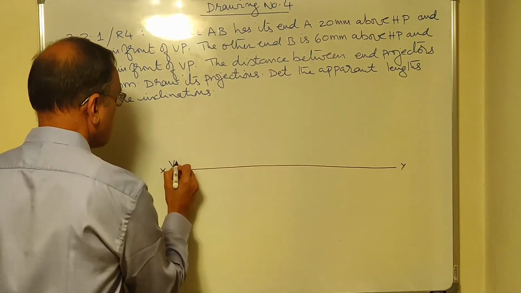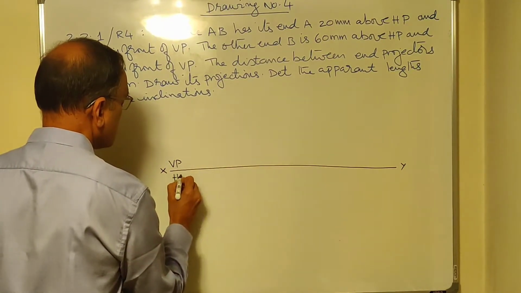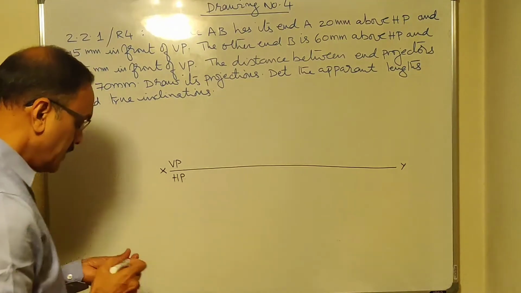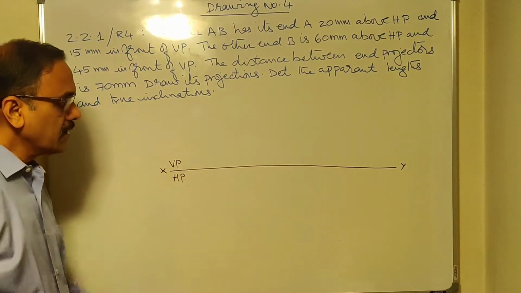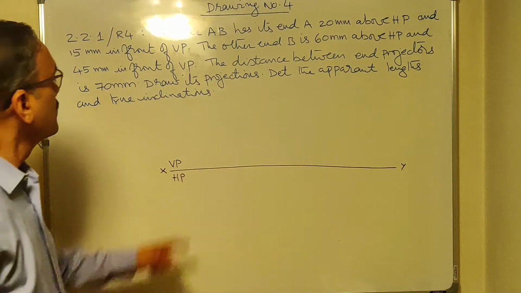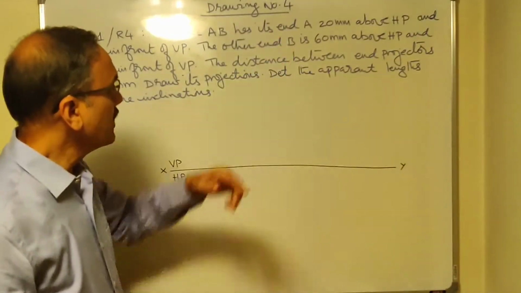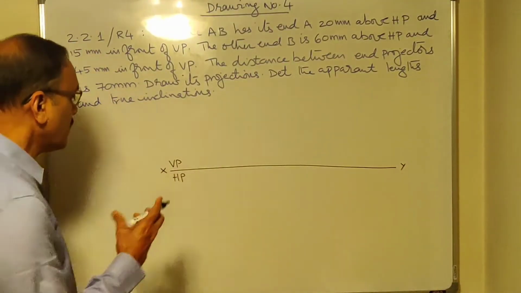You are following first angle projection, so it is important that you write this notation, VP and HP. Now let me mark the point A. Point A is 20 mm above HP, 15 mm in front of VP.